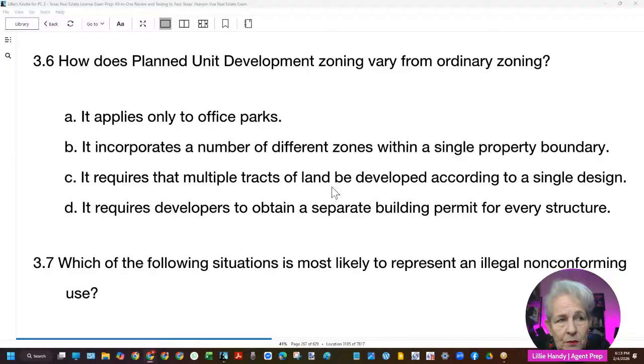Okay, so different lots, different acreages, developed according to one single design. 3.6, oops, I was writing the letter again. C.